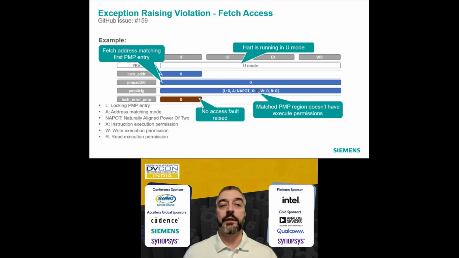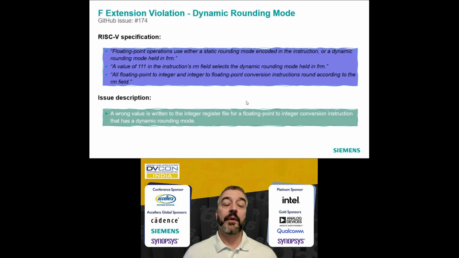The expectation according to the ISA is that it should throw an access fault exception. I guess in this particular case, there was a later PMP entry that also matched the address and allowed execution, but this, of course, is irrelevant as the first matching one determines the access rights.